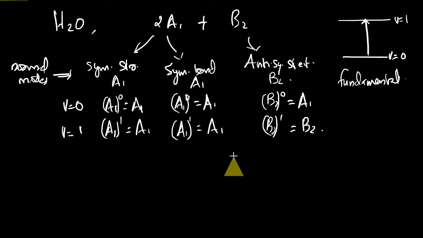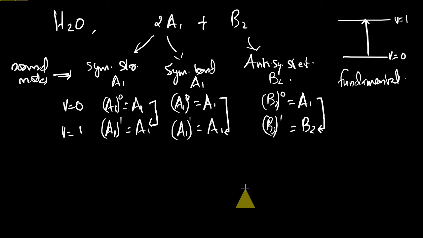So what are the spectral transitions? Within the symmetric stretching, the spectral transition is A1 to A1. Means ground vibration to excited vibration is A1 to A1 within the symmetric stretching vibrational mode. When we are considering the symmetric bending vibrational mode, the vibrational transition is also A1 to A1. And when we are considering the anti-symmetric stretching, the vibrational transition is from A1 to B2 symmetry.